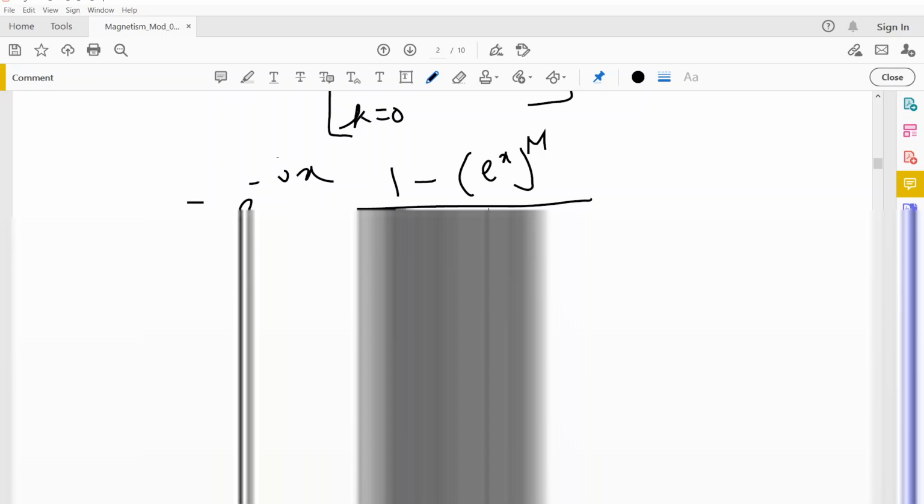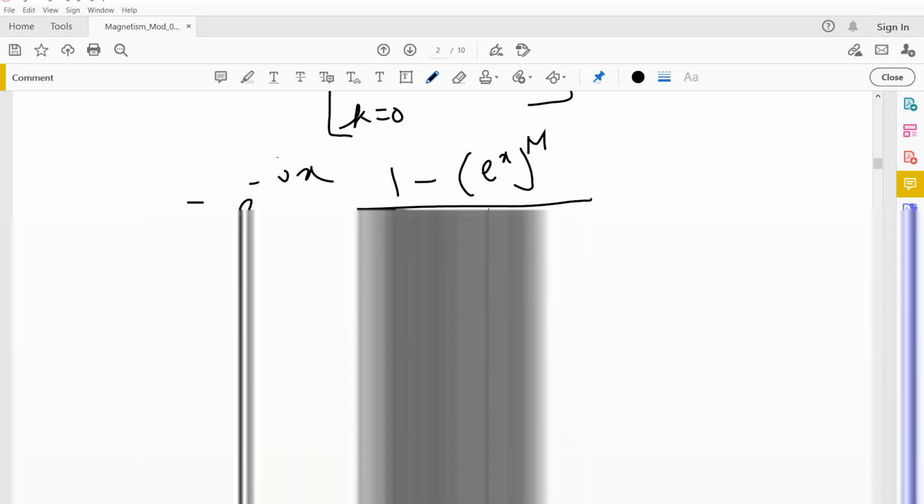Okay. So once we have the partition function, now we ask the question, how do we find the magnetization? You are applying a magnetic field along the z-axis, and you want the moment to align along the z direction.